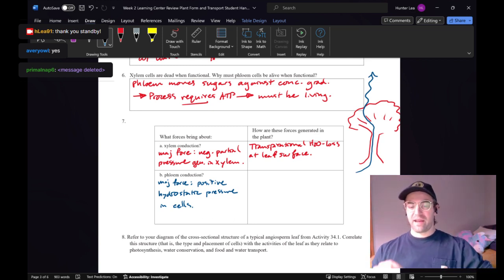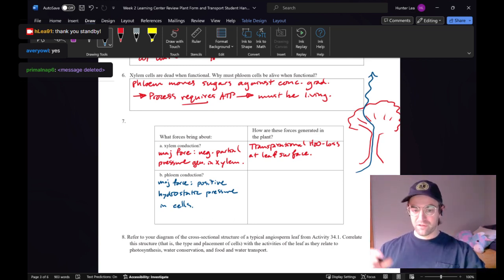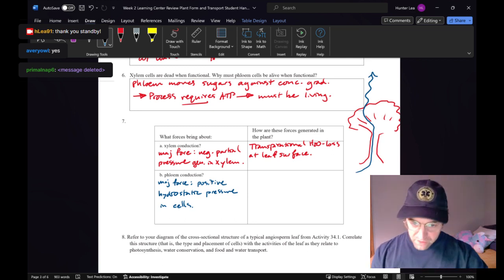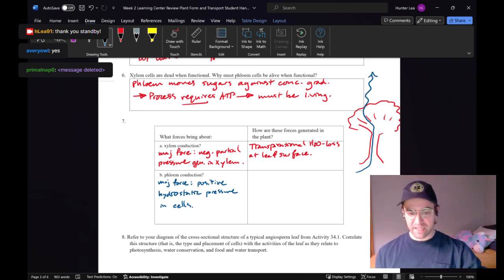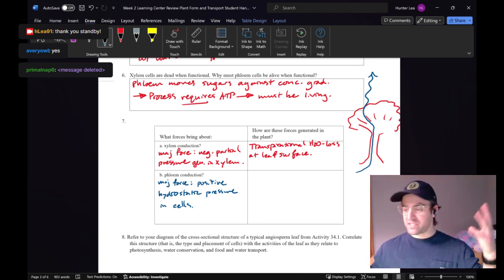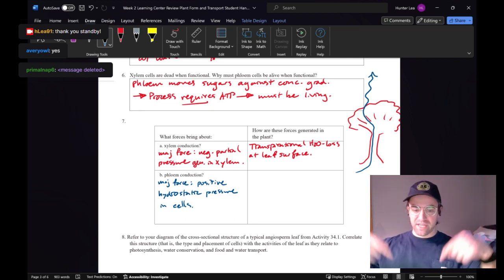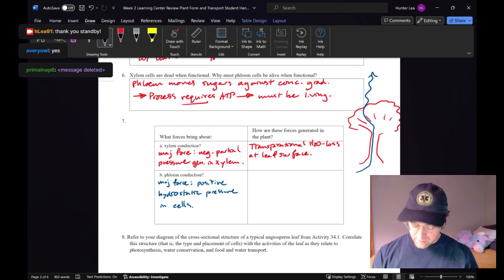So this force is generated by the difference in water potential in phloem versus xylem. Sucrose is actively transported into phloem to levels as high as 25%. And this potential difference pulls water out of the xylem and into the phloem, generating the hydrostatic pressure that moves substances into the phloem.